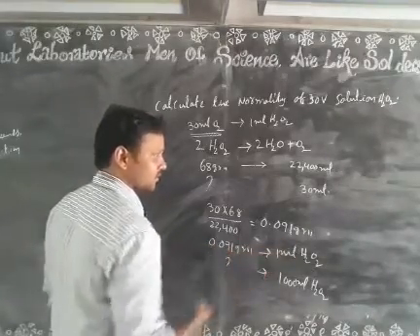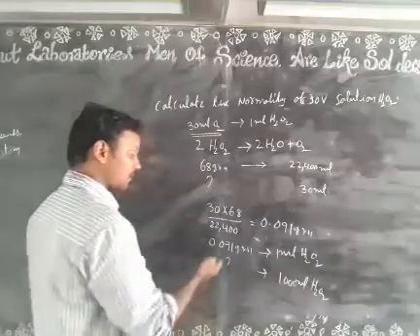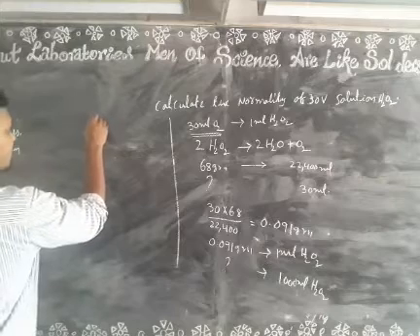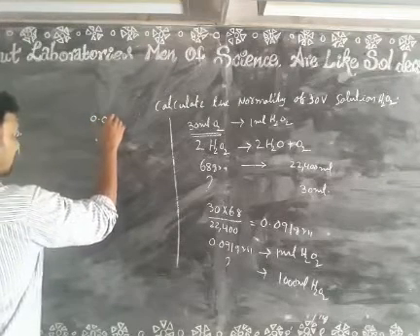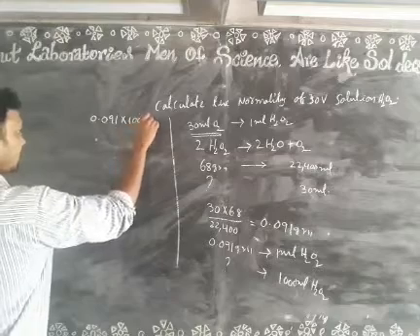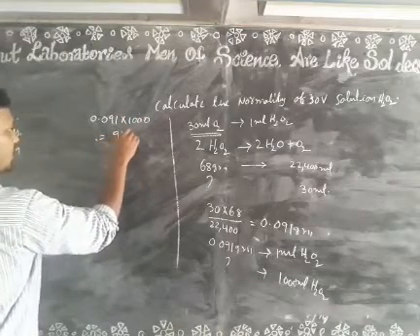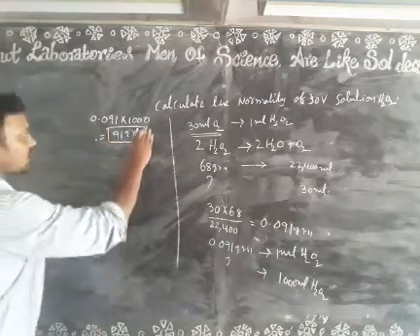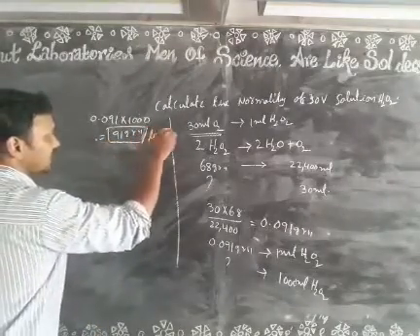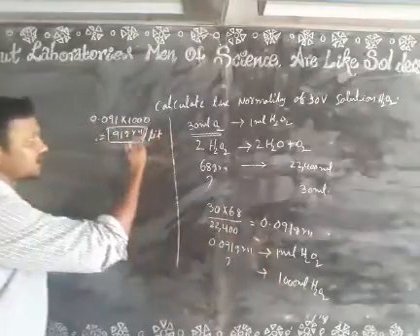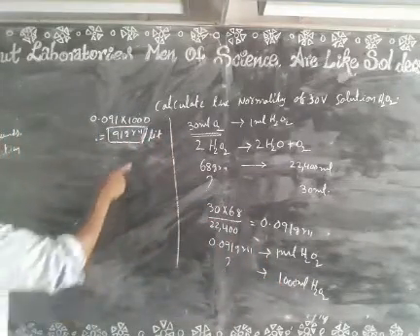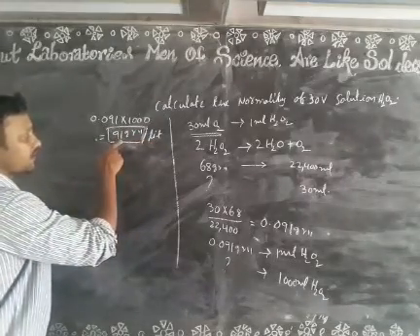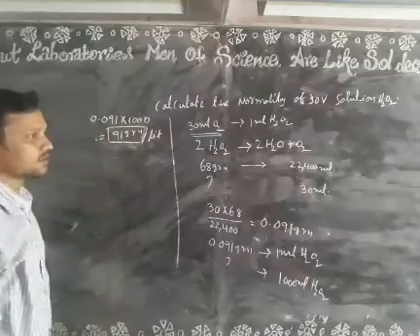If you take 1000 ml, then 0.091 into 1000 is approximately 91 grams per liter. So 91 grams of hydrogen peroxide is present in 1 liter of solution.